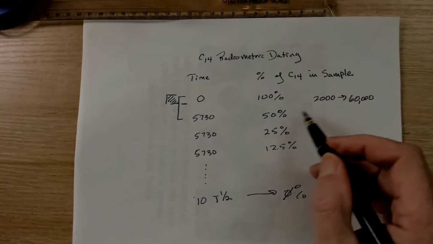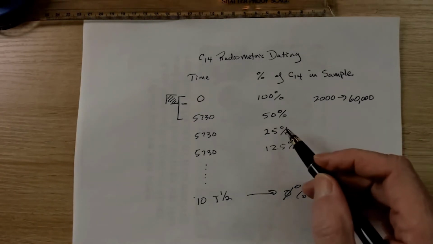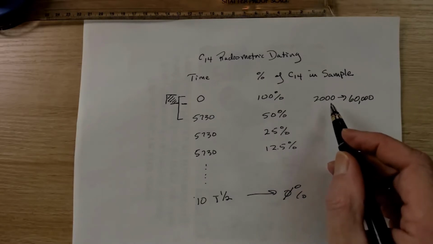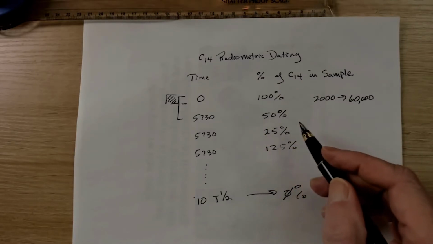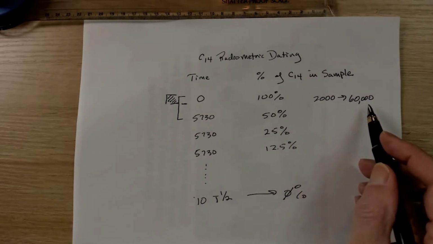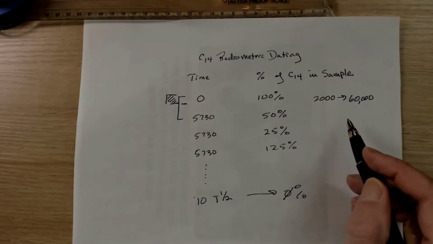If our sample is younger than 2,000 years, carbon 14 is not the tool to use. If the sample does not have carbon in it, carbon 14 dating won't help us very much. And if the sample is older than about 60,000 years, again, we need another technique.